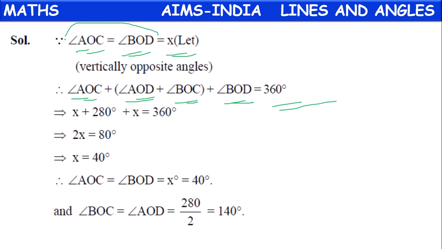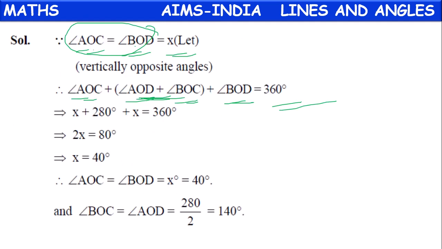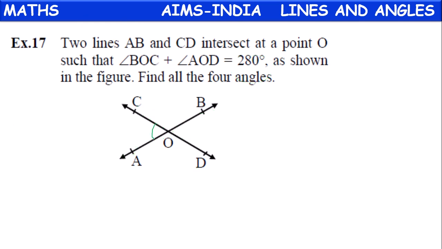But the sum of these two, AOC plus BOD, okay, 1 minute children, they are assuming this AOC as x and this one as x, and the sum of these two is 280 degrees.